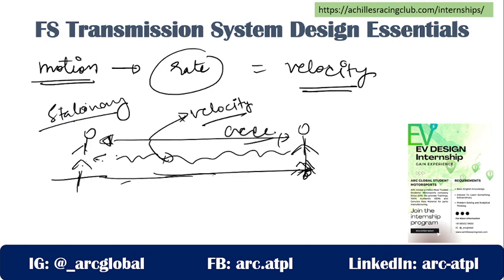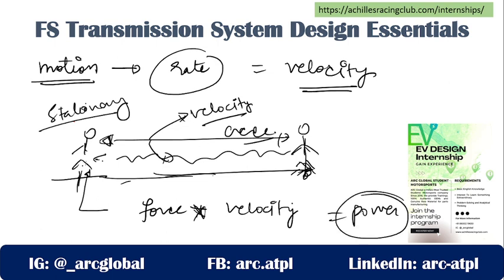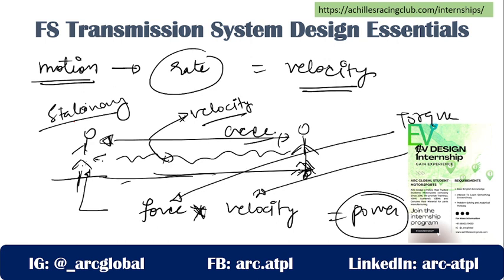From 0 to 0.1, that infinitesimally small value of acceleration is also needed to be considered. My mass times this acceleration is the force, and the velocity with which I move forward, this product gives me the power. In our case, this force is torque, and this velocity is RPM, the rotational velocity omega.